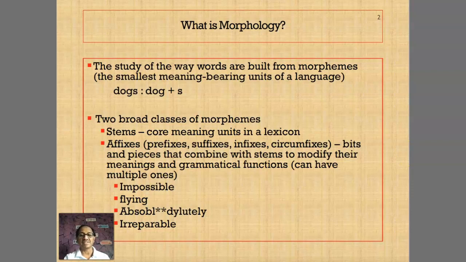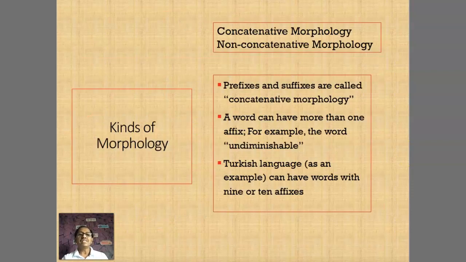Right? Are the affixes. Kinds of morphology. There are 2 kinds of morphology, broadly speaking. Concatenative morphology and non-concatenative morphology. When I say concatenative morphology, concatenation happens. That is, prefixes and suffixes added to the stem.